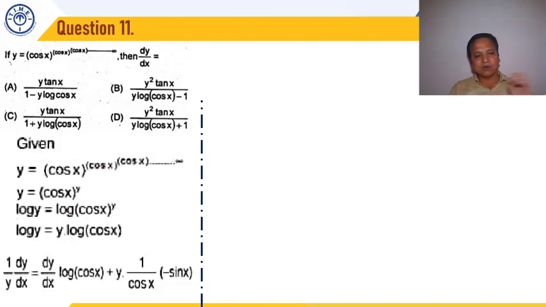So the left hand side becomes log y and the right hand side becomes log of cos x to the power y, which is y log cos x. So 1 upon y dy by dx is equal to the differentiation of y, which is dy by dx, into log cos x, plus y into the differentiation of log cos x, which is 1 upon cos x multiplied by minus sin x, because the differentiation of cos x is minus sin x.